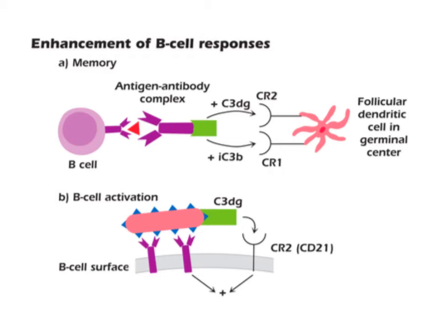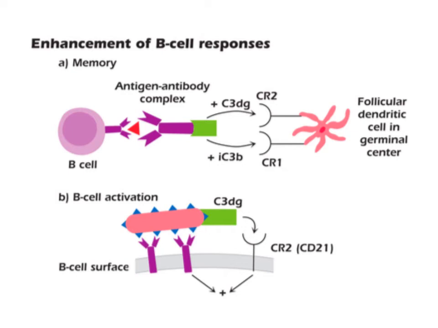These are the two complement proteins that tie up to two important receptors expressed on the follicular dendritic cell. So you can see CR1 and CR2, and then it will bring these antigen-antibody complexes together, and they will be taken up by a follicular dendritic cell.